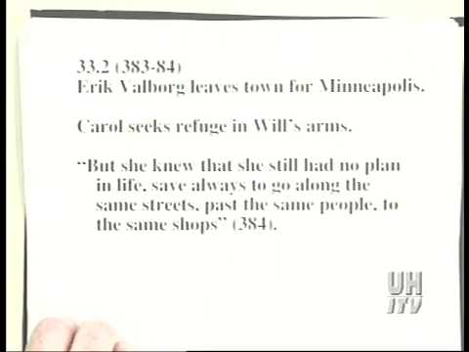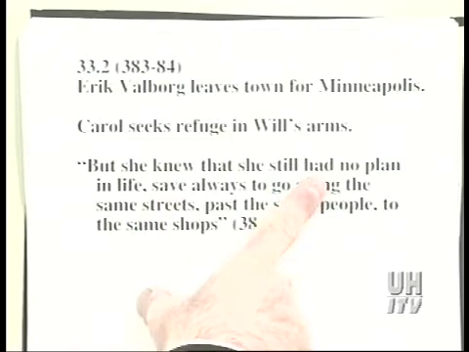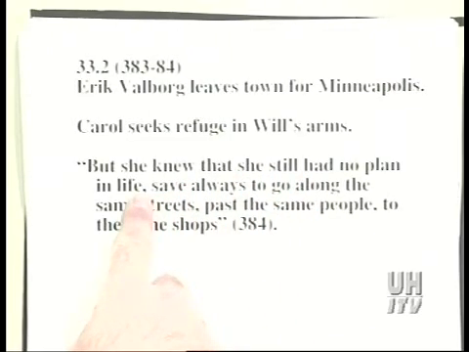He realizes that he simply cannot stay there if she can't love him. And she knows that she's in trouble. But she knew that she still had no plan in life, save always to go along the same streets, past the same people, to the same shops. What a tragedy she's having.